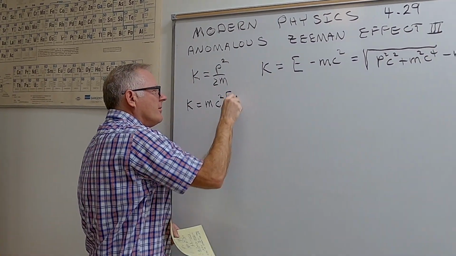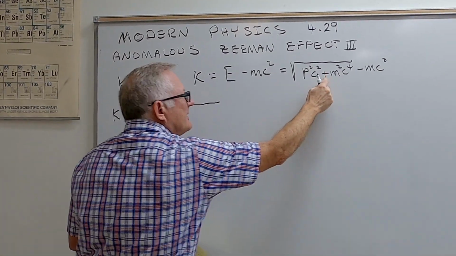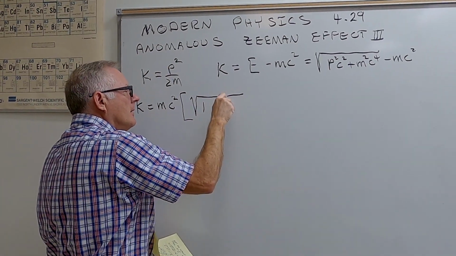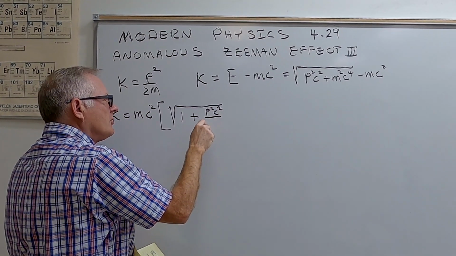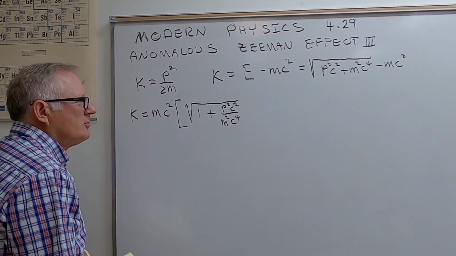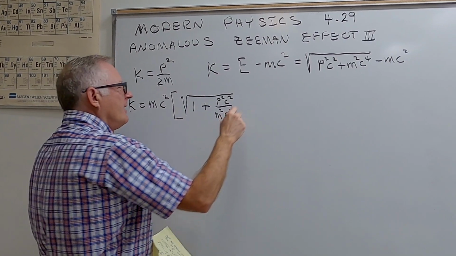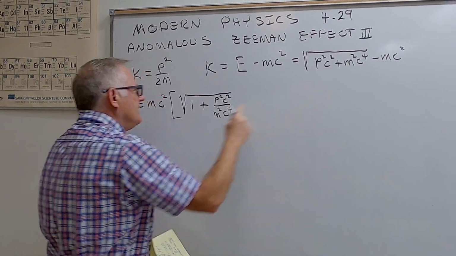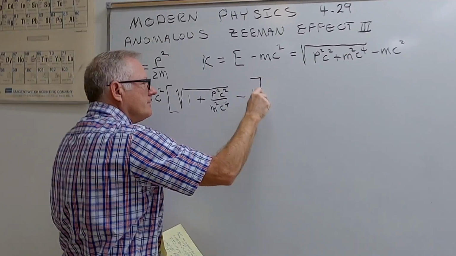So I'm going to write that term first. That's 1, and then this is plus p squared c squared over m squared c to the fourth. I just pulled out the mc squared. And then we have minus mc squared, but since I factored it out, it's just minus 1.